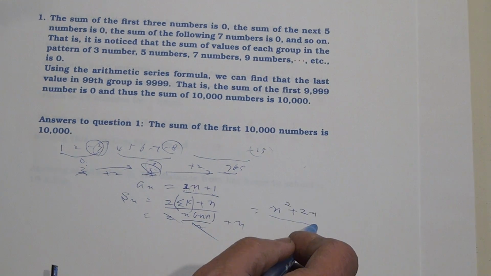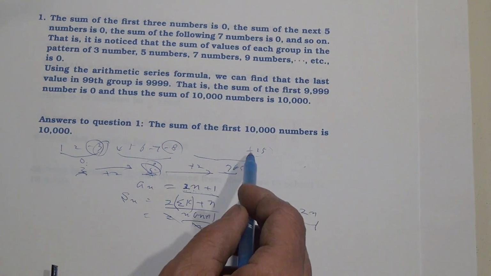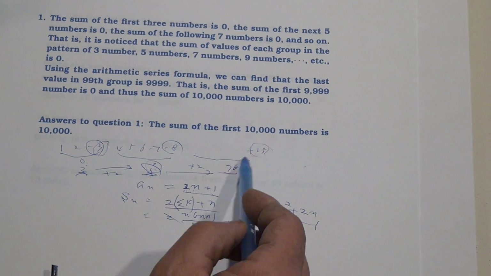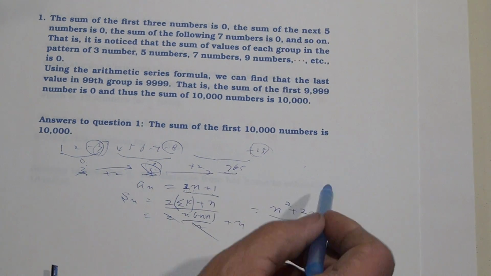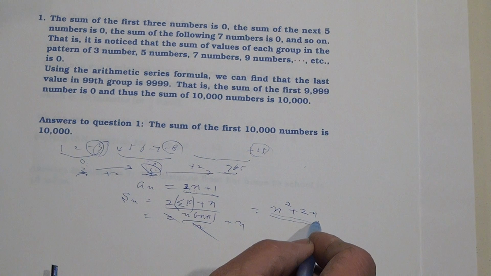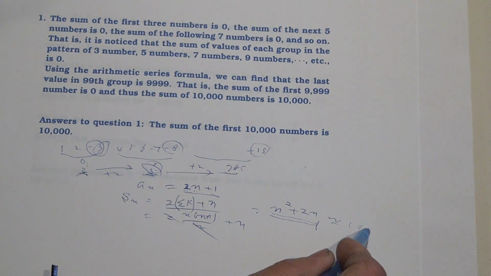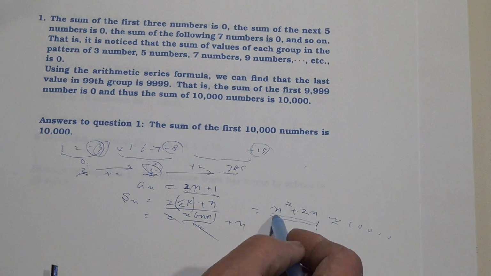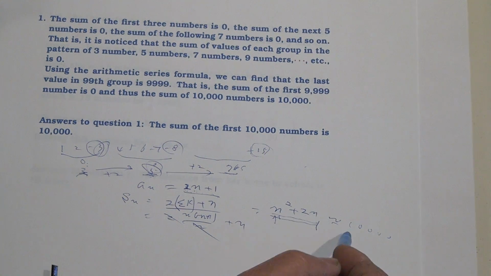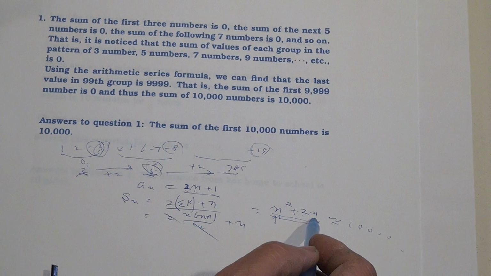This gives you the last value of each group, and we want the one close to 10,000. If you try 100 squared, it is already 10,000, so with the extra 2n it's too much.